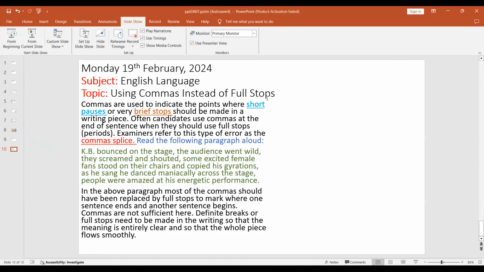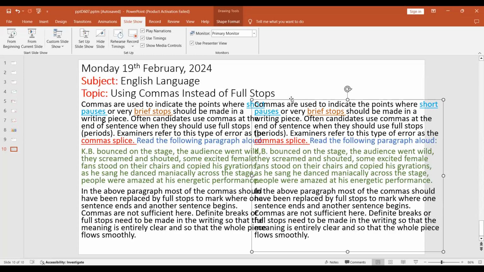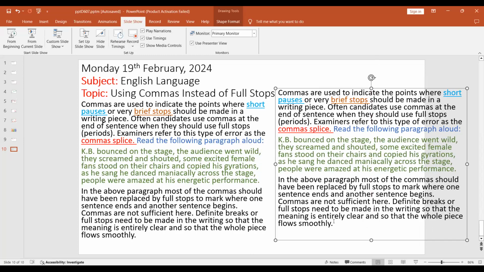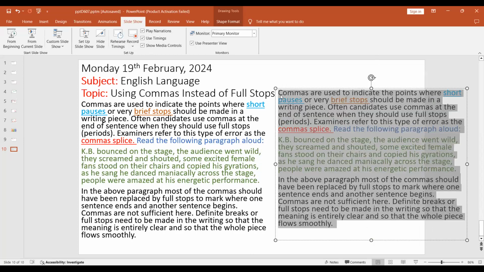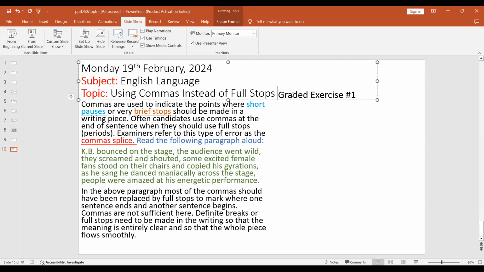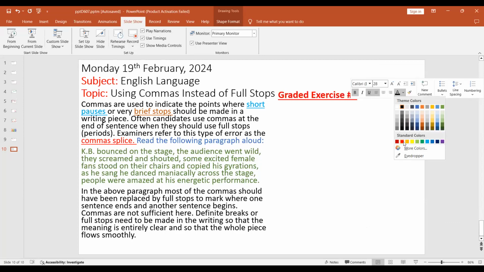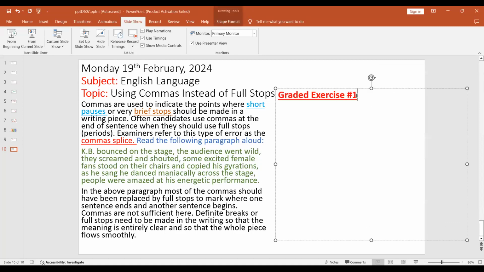Grade exercise number 1. Let me write the instructions.